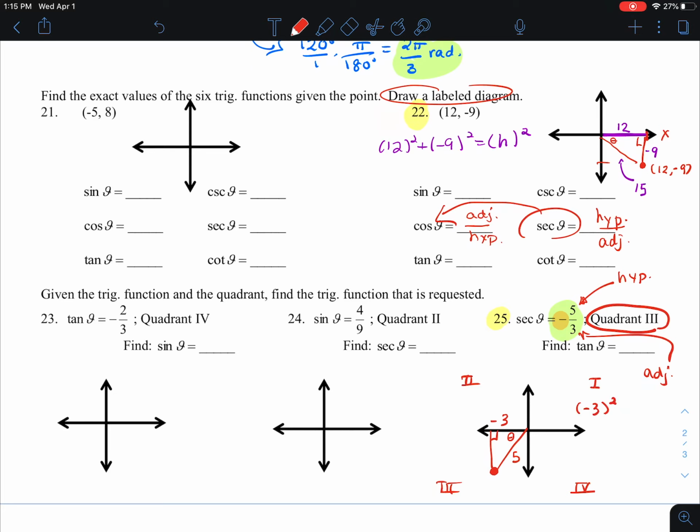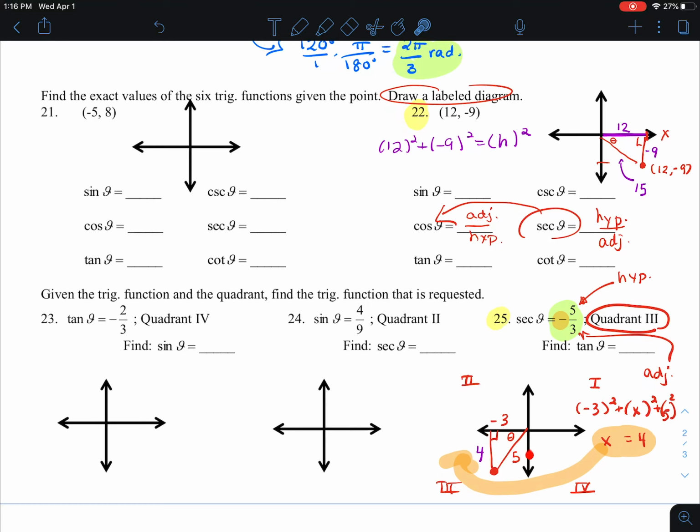Then I keep going and do the Pythagorean theorem. I find the missing leg, sorry about that. This comes out to be 4. Now here's the trick though. Even though I got that to be 4, when you add the 4 to the picture, ask yourself, do I need to make that 4 negative based on where this vertical leg is positioned?